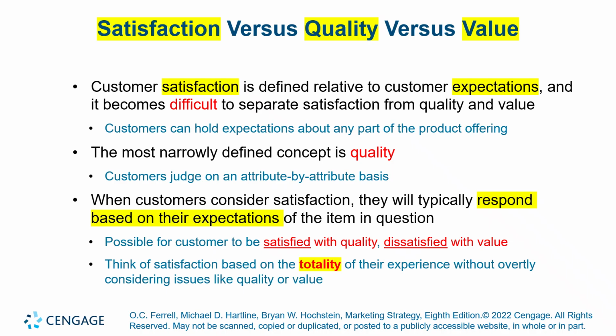The most narrowly defined concept is quality, and customers judge quality on an attribute by attribute basis. When customers consider satisfaction, they typically respond based on their expectation of the item in question. Keep that in mind.